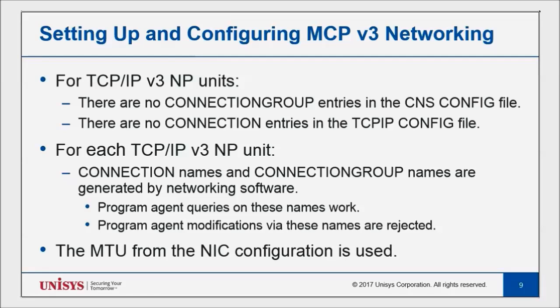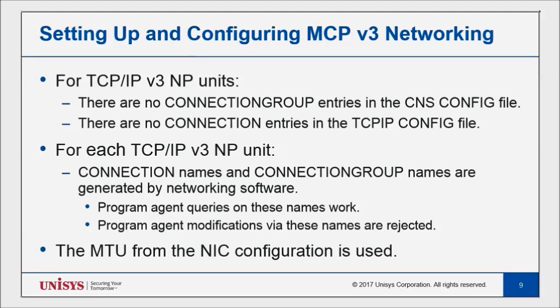And those names can be used for program agent queries. So most program agent queries will work even within TCPIP v3. Program agent modifications don't work, so you can't manage TCPIP v3 units using connection or connection group mechanisms.